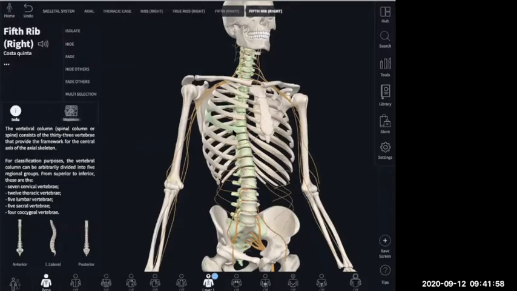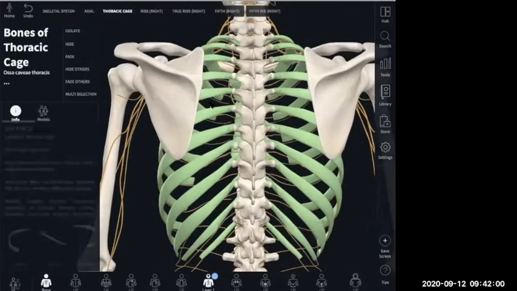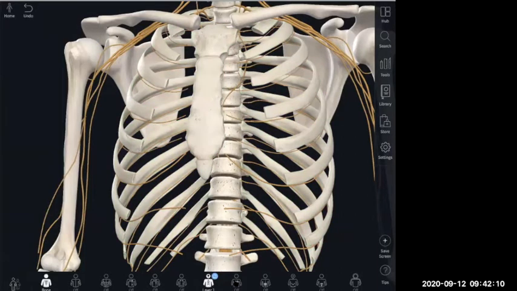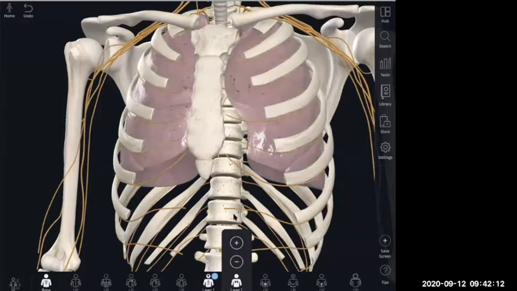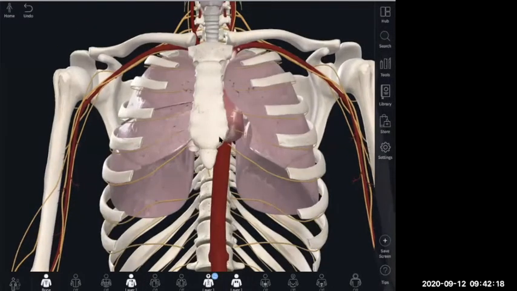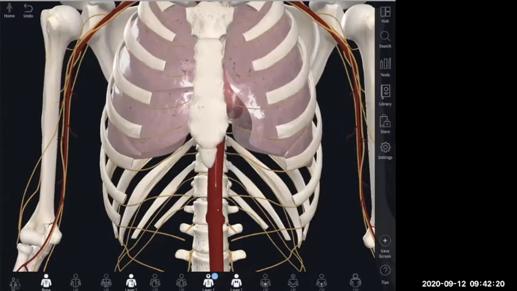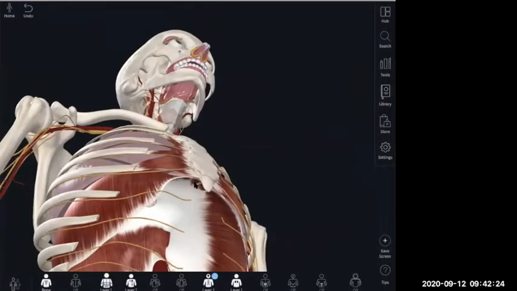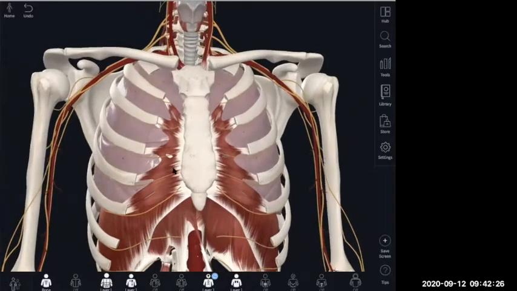And then again, your thoracic cage over here, which will house the lungs, as well as the heart right over here, right? Your thoracic cage will be bounded by your diaphragm down here. So all this is providing protection for those soft organs of your thoracic cavity up here, as well as providing muscle attachment points.